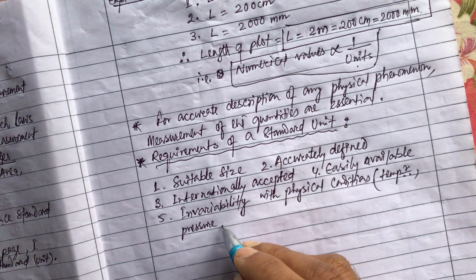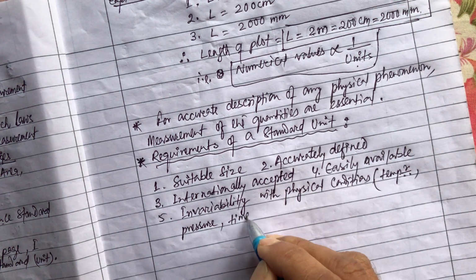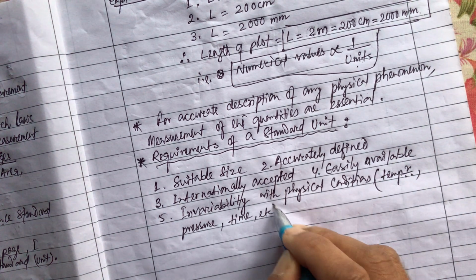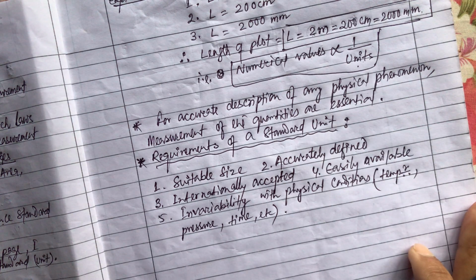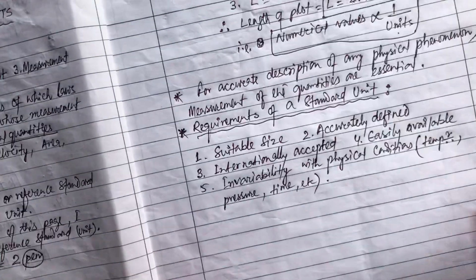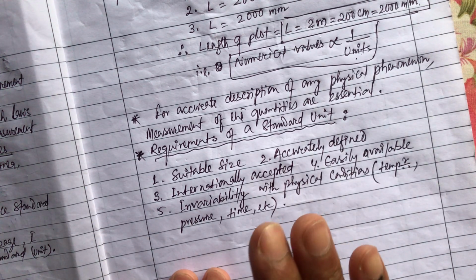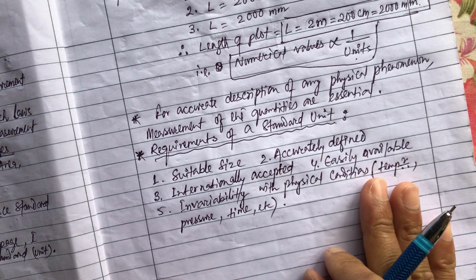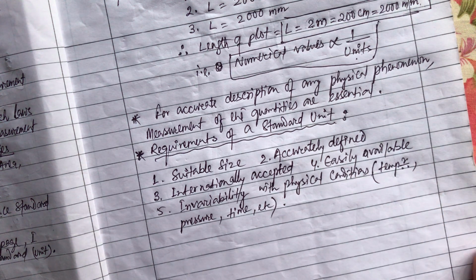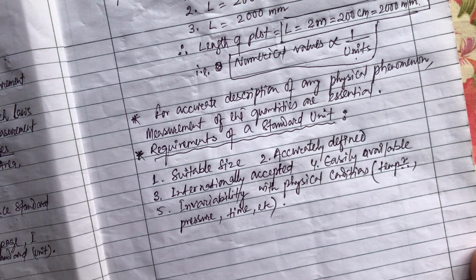It should not change with time, and so on. So these are the basic requirements or qualifications of a standard unit. One must know this, as we get questions on this particular topic.